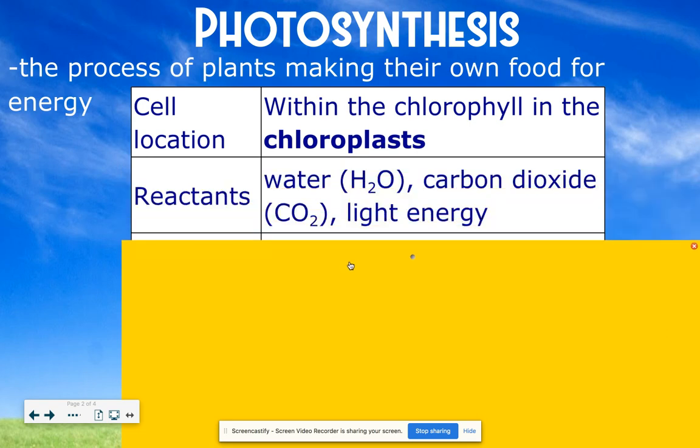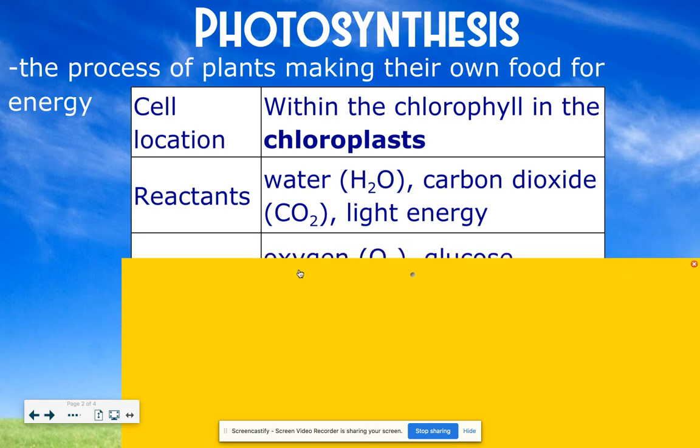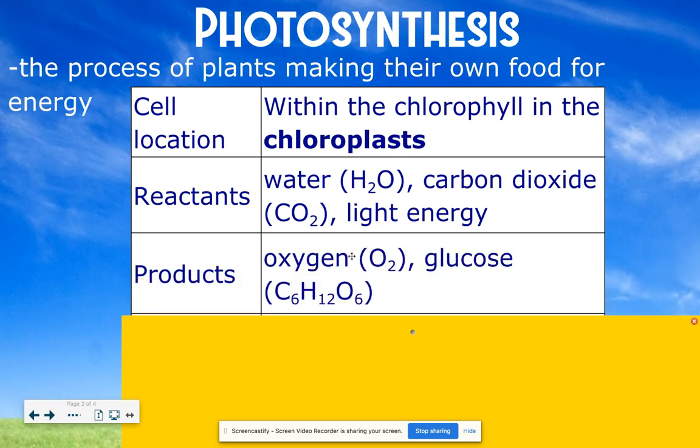The things you need to start photosynthesis, the inputs or the first ingredients, also known as the reactants, there's three main things. The first one's water, chemical formula H2O, carbon dioxide, chemical formula CO2, and light energy. And then after you have those reactants, you will get these products: oxygen, chemical formula O2, and glucose, chemical formula C6H12O6.